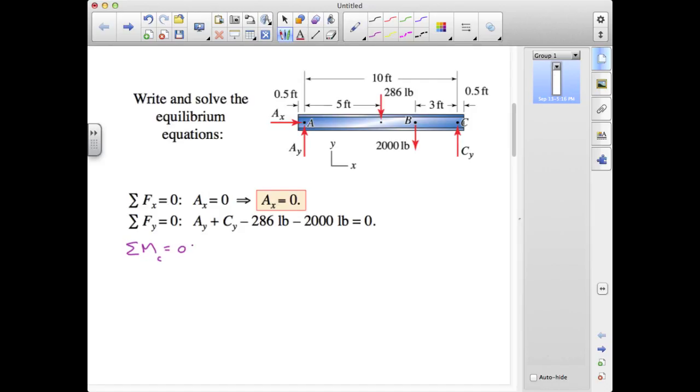minus AY times 10 feet plus 286 pounds times 5 feet plus 2,000 pounds times 3 feet equals 0.